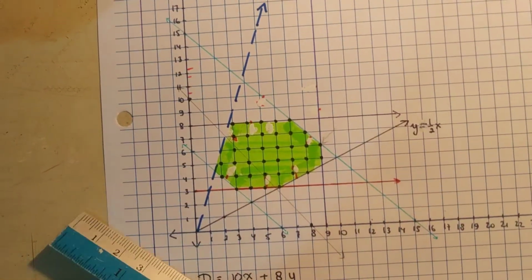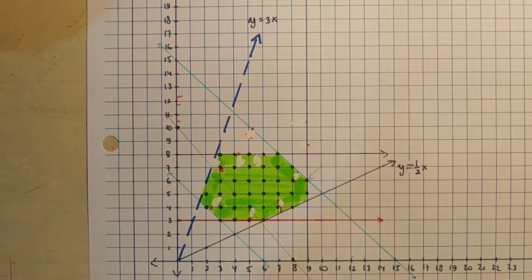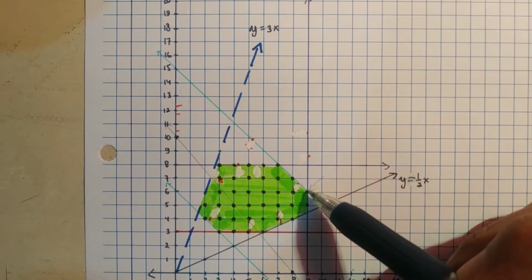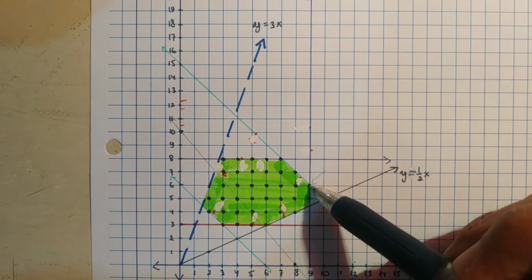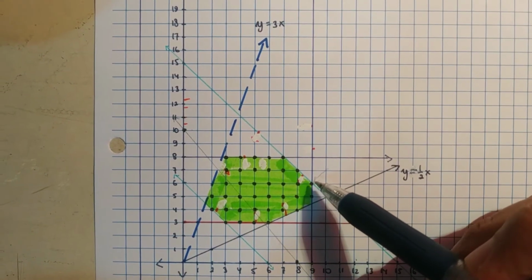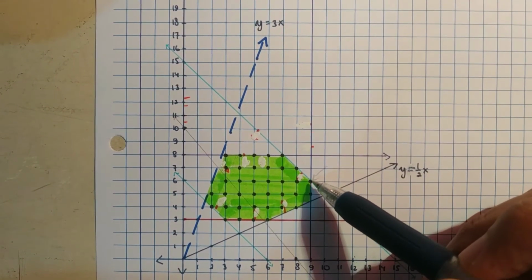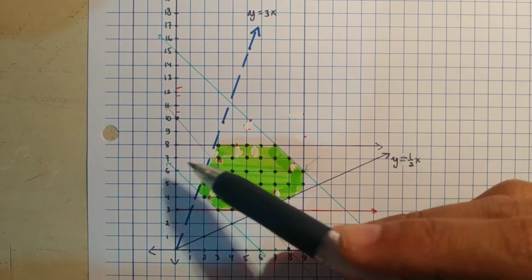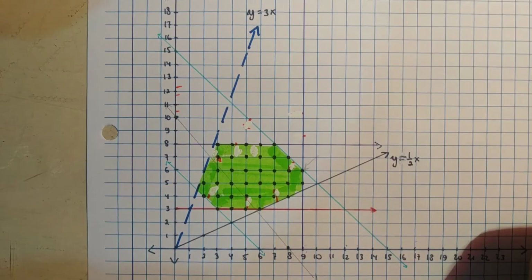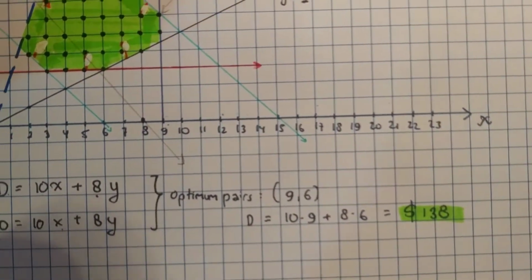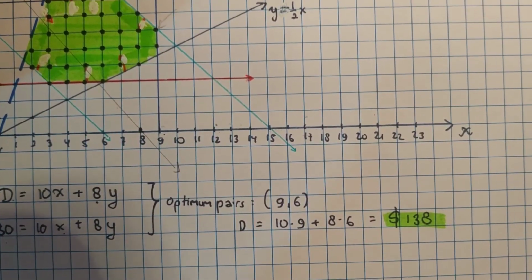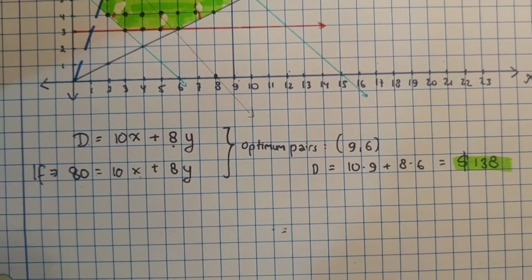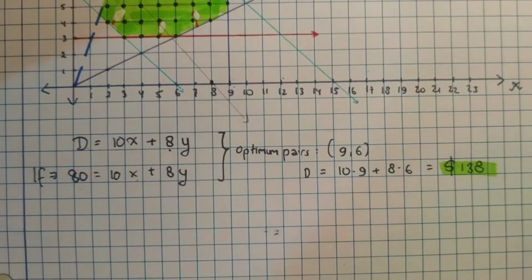So actually, I can be certain without comparing to any other pairs that this is the pair that will give me the highest value of dollars that I can earn. So it is 9 old members and 6 new members. By having the optimum pair 9,6, I put it into the equation D equals 10x plus 8y.